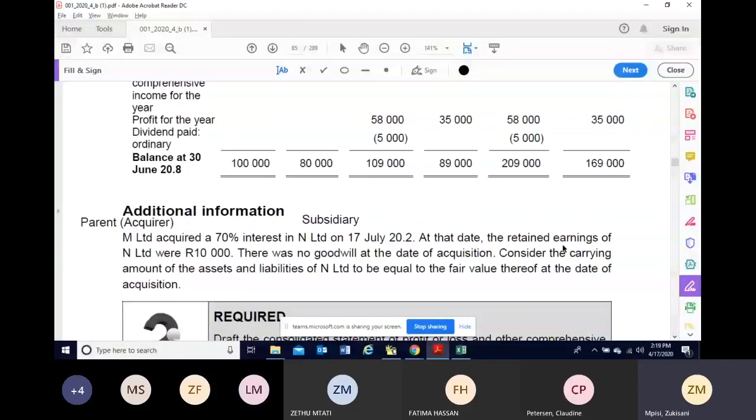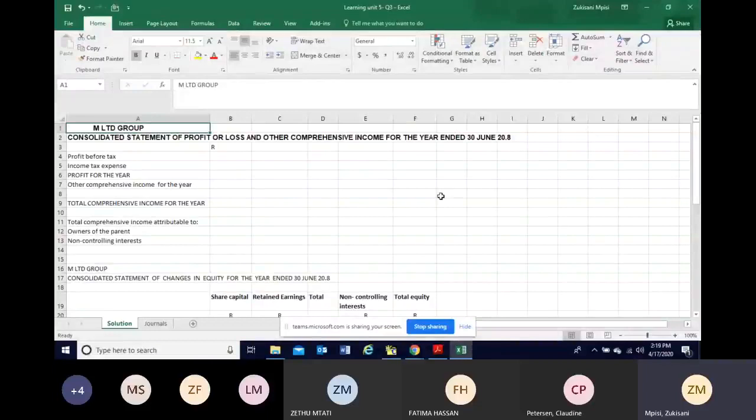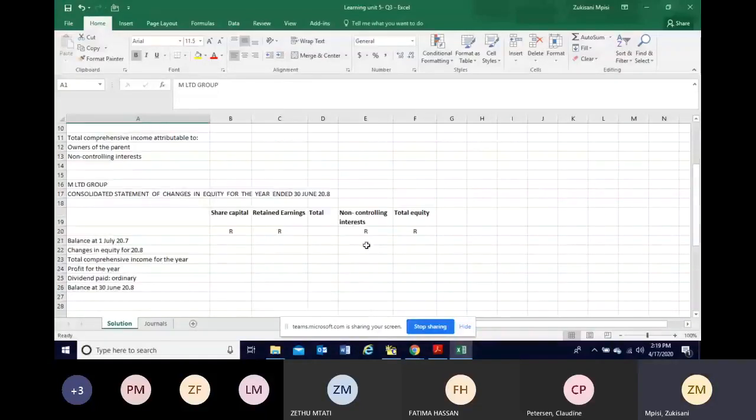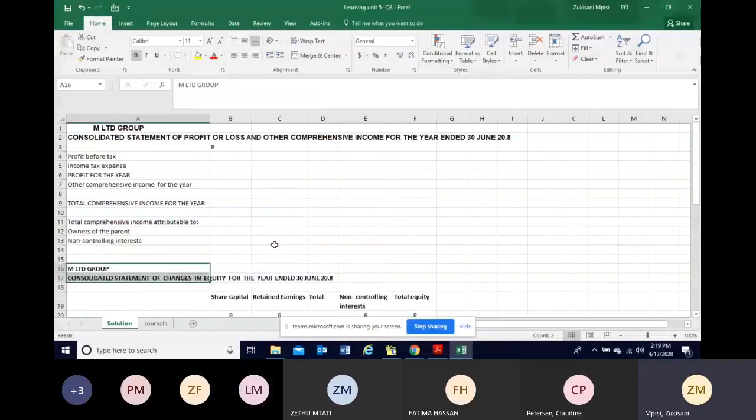So I've tried to capture the basic things that we will need. The basic things that we will need is to know that we are compiling the consolidated statement of profit or loss for the year ended 30 June 2008 for MLTD group. And then eventually we have to also do the consolidated statement of changes in equity. Right.